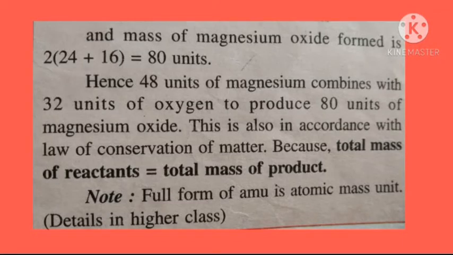This is also in accordance with the law of conservation of matter, because the total mass of reactants is equal to the total mass of product. Here we are following the law of conservation of mass. It is stated in that way: matter can neither be created nor be destroyed in a chemical reaction.